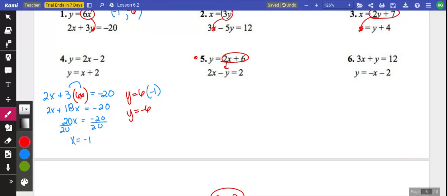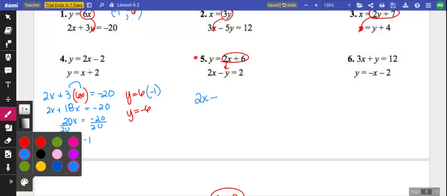So I'm going to substitute in, I'm going to have 2x minus 2x plus 6 equal to 2. I'm going to sneak a 1 in here so that I know what I'm distributing. It's negative 1 times 2 gives me negative 2x. And then negative 1 times 6 gives me negative 6. And notice here when I combine like terms, they cross out and I get negative 6, which does not equal 2.